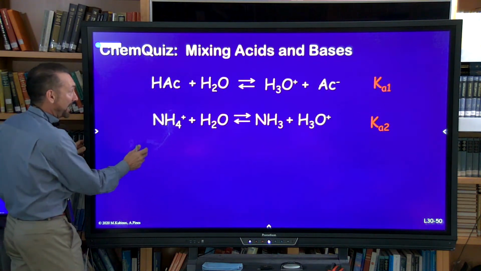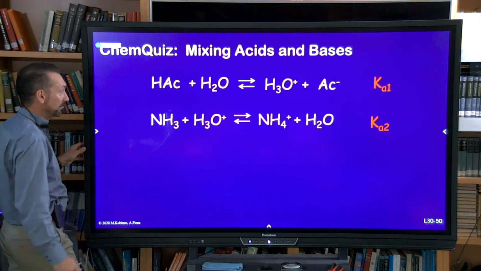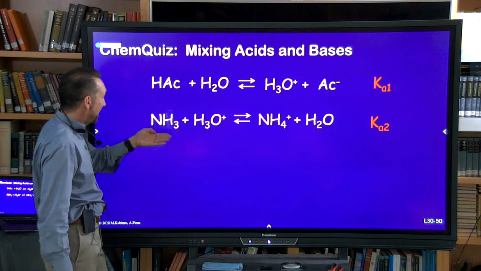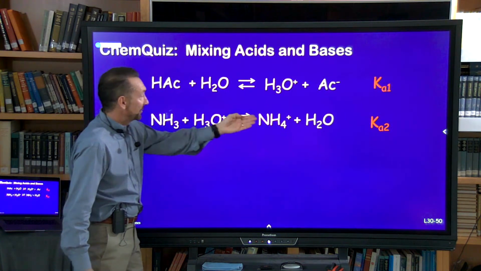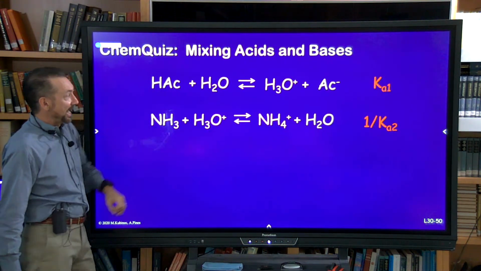What about the ions left over? Well, I'm going to write this one as NH3 plus H3O plus goes to NH4 plus plus H2O. That's 1 over the Ka again.